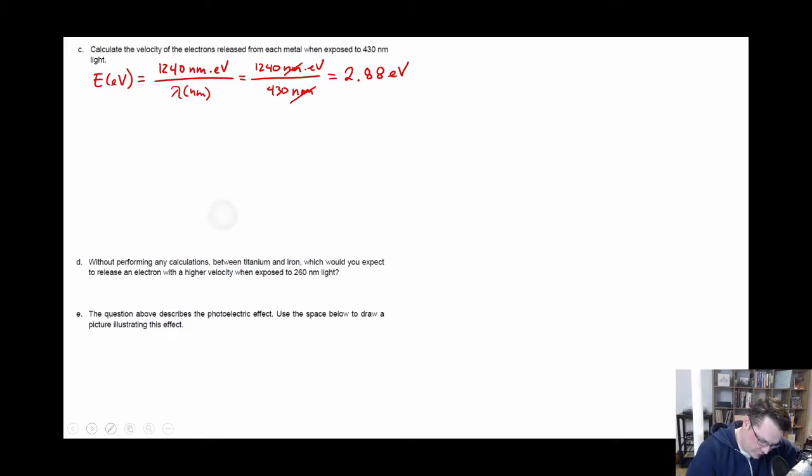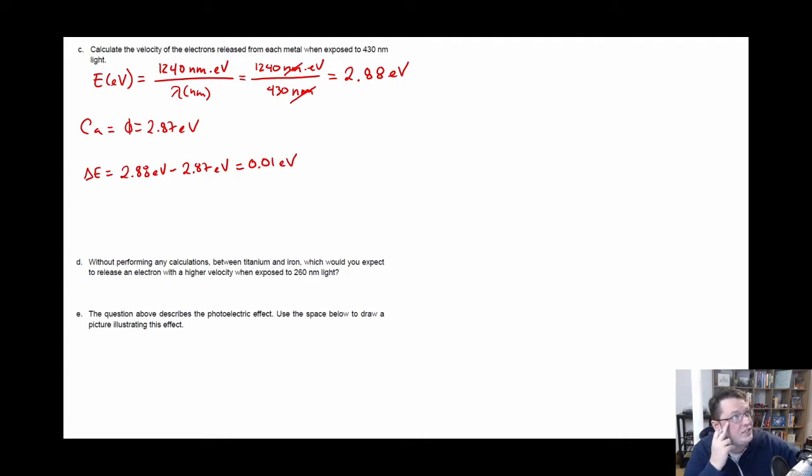So if we use calcium as an example, the work function is 2.87 eV. We have the wavelength right here, and so the energy difference is going to be 2.88 eV minus 2.87 eV, which is 0.01 electron volts.